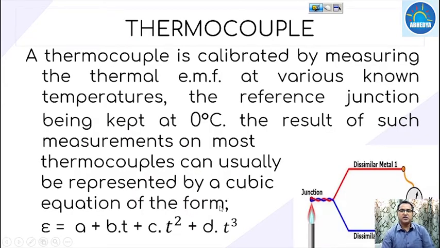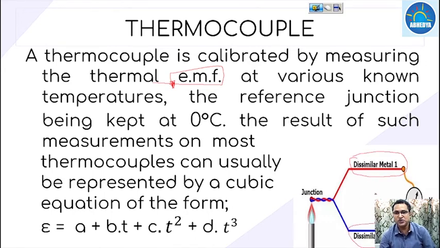Now the next one is the thermocouple. What is a thermocouple? Again, a thermocouple measures temperature with the help of the thermodynamic property EMF, and how is this EMF generated? A thermocouple is nothing but two dissimilar metals, one metal is this one and the other metal is this one.